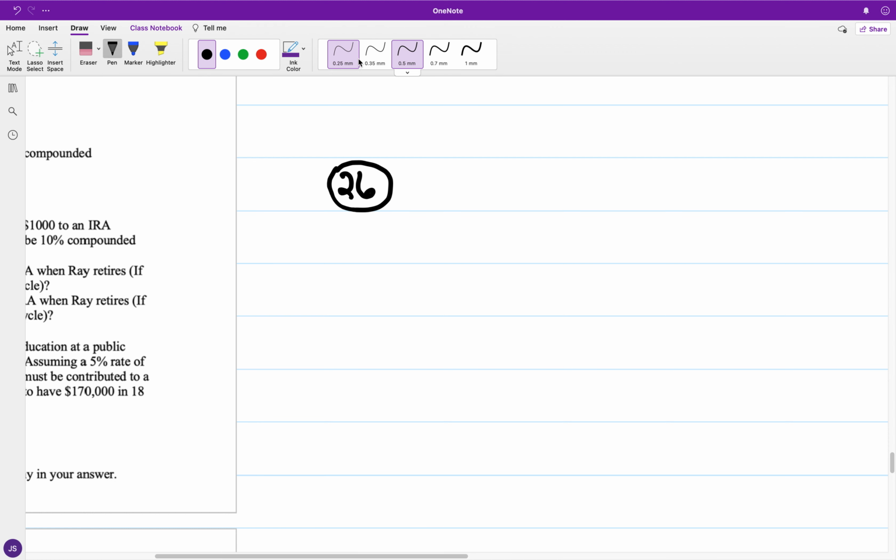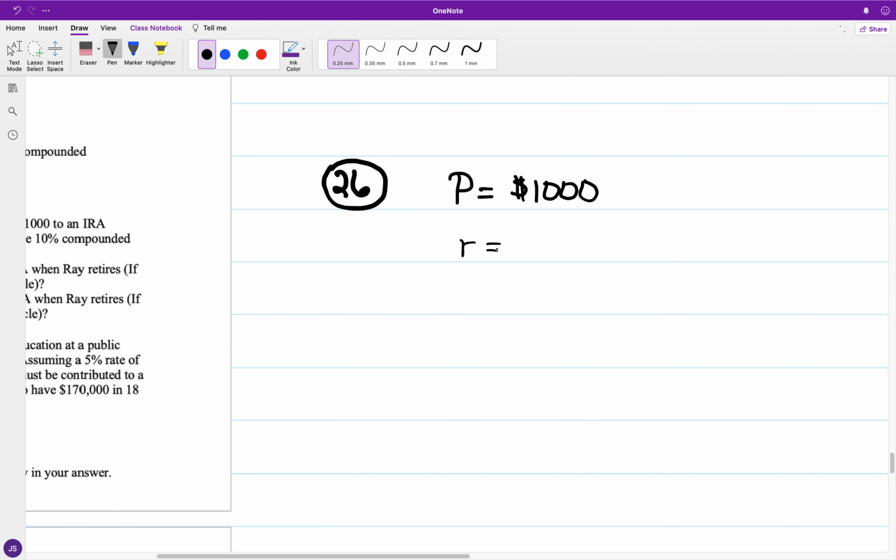Now we have in both scenarios, we got the P value at $1,000. For the rate of interest, we have 10%, so 0.10.